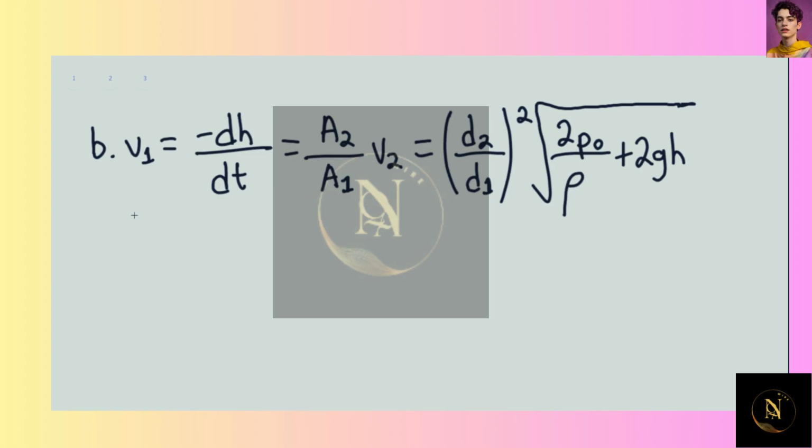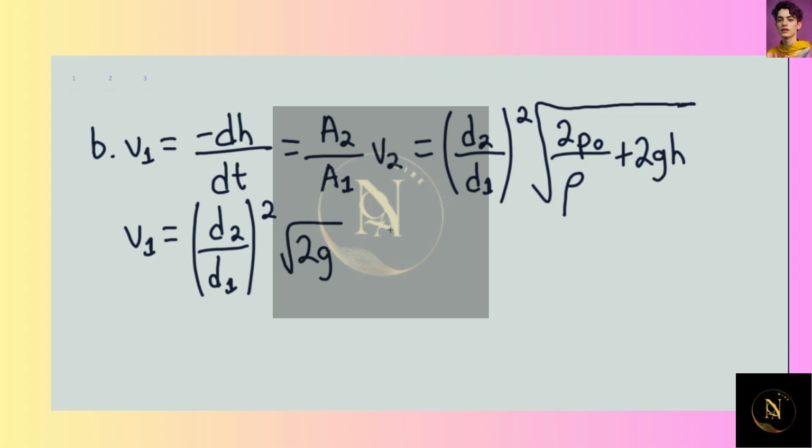This equals d sub 2 divided by d sub 1 quantity squared multiplied by the radical 2g multiplied by the radical of p initial, or p naught, divided by g times rho plus h.